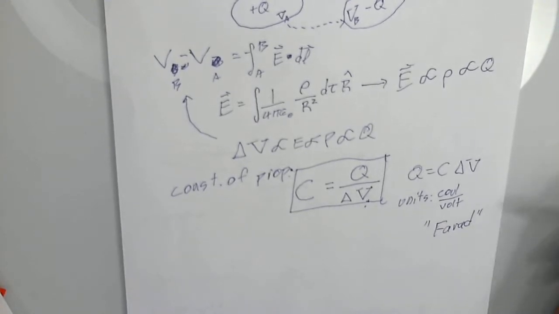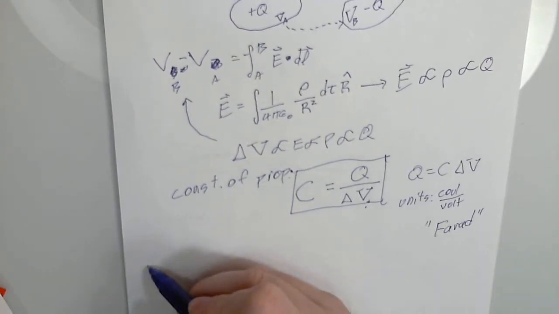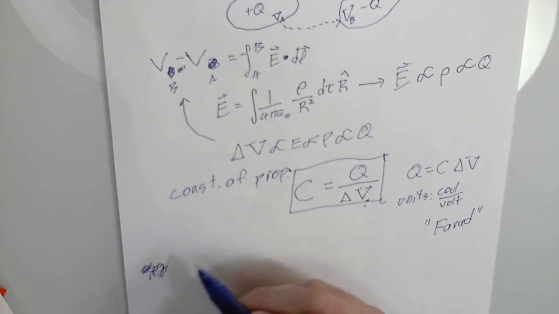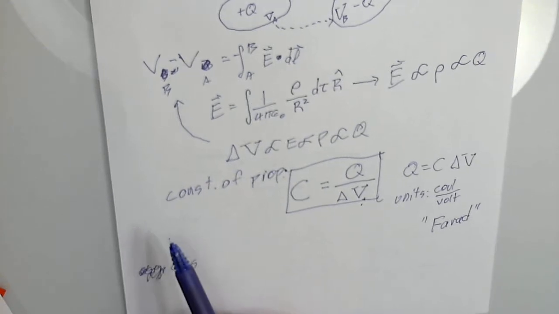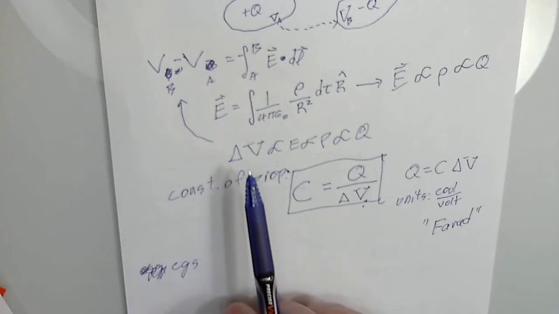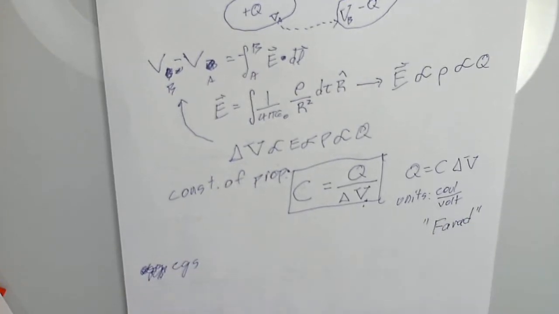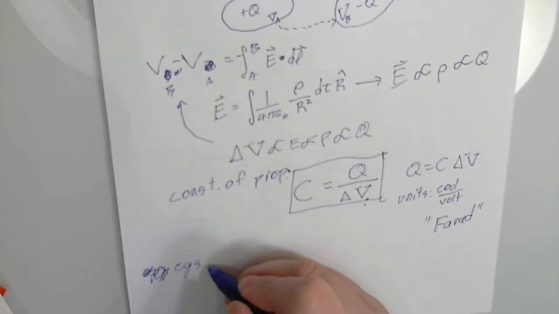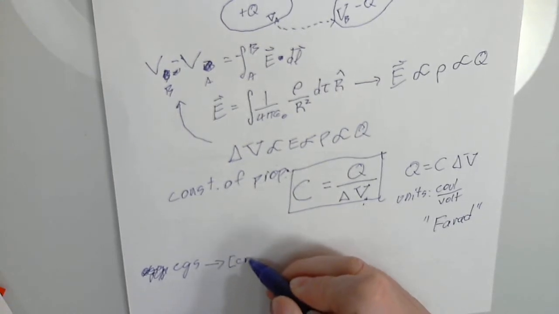By the way, as a weird circumstance in the CGS system, which I haven't talked about much, the centimeter-gram-second system, you may remember that this system used a funny version of Coulomb's law that made this constant out front disappear. It turns out that in the CGS system, the units of capacitance are the centimeter.